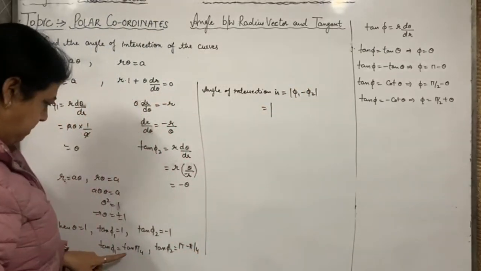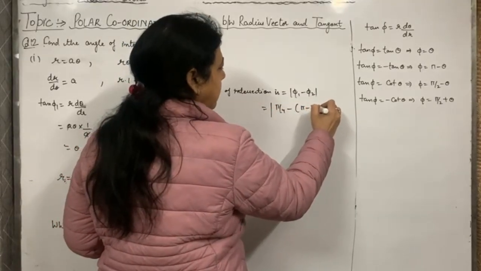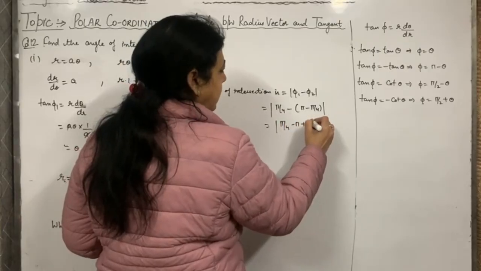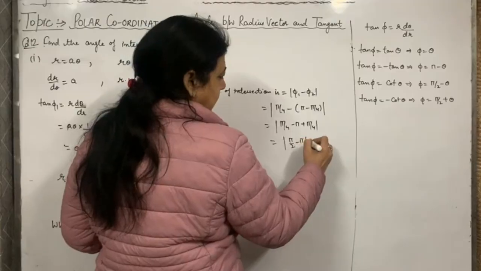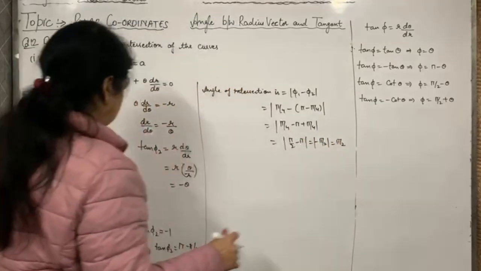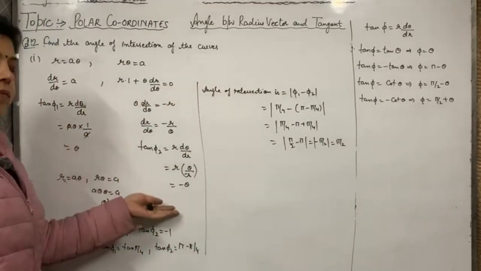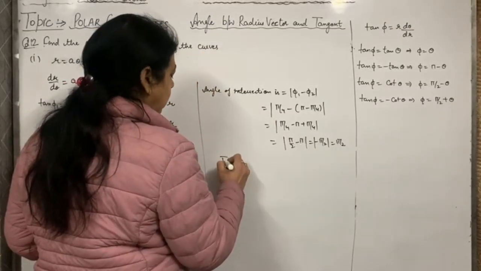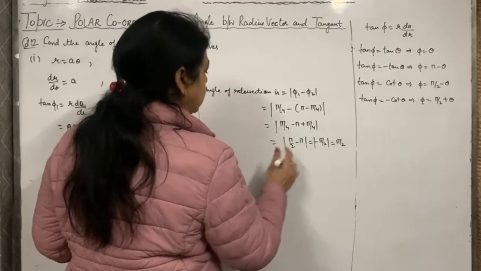Phi 1 is pi by 4 minus, phi 2 is pi minus pi by 4, that is pi by 4 minus pi plus pi by 4. Pi by 2 minus pi, that is minus pi by 2, that is pi by 2. Again the same, when theta is -1, the signs swap, and again we will get angle pi by 2. Then the angle between the curves is pi by 2.